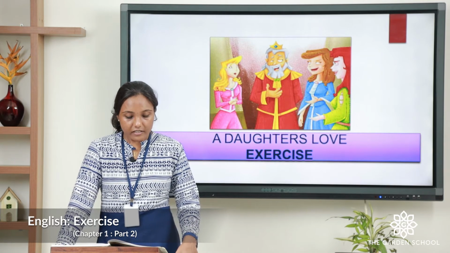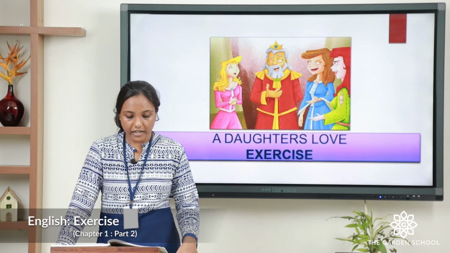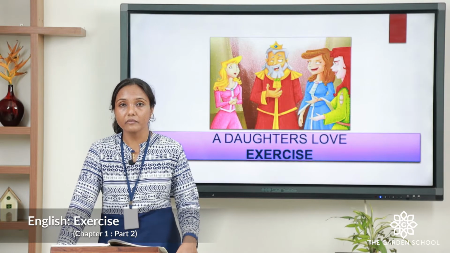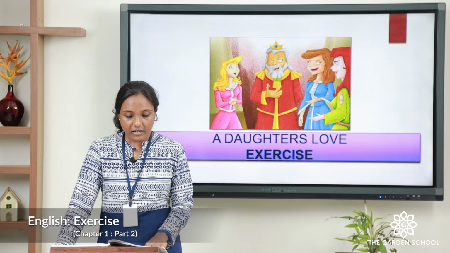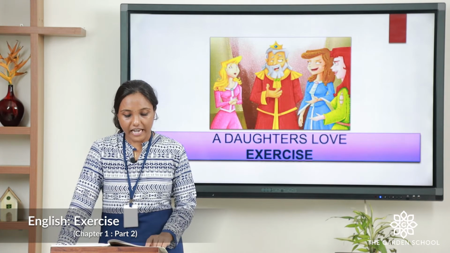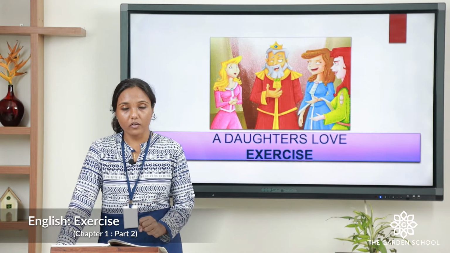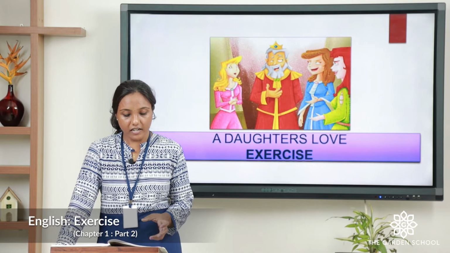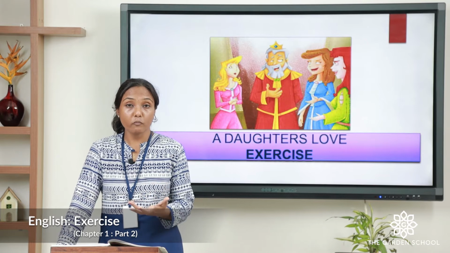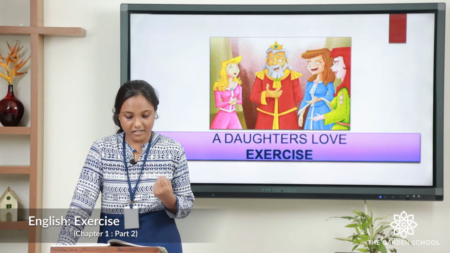So, the crocodile is the subject and swam lazily in the river is the predicate. That is an action done by the crocodile. So, any action is a predicate and about whom we are telling is the subject.